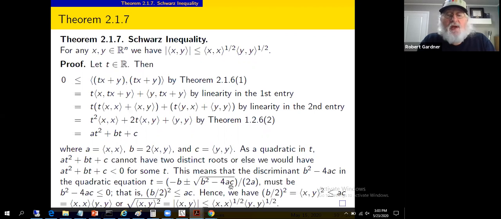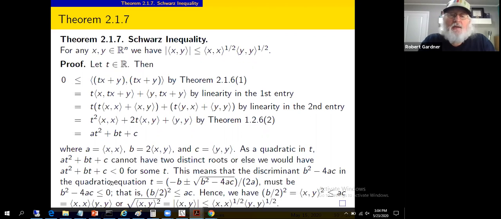Geometrically, when b squared minus 4ac equals 0, that corresponds to the upward-opening parabola sitting on the x-axis. When b squared minus 4ac is less than 0, there aren't any intercepts with the x-axis, because the parabola is above the x-axis for such values. And that's what we need for this inequality to be satisfied.